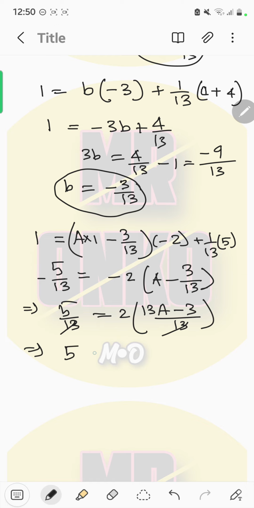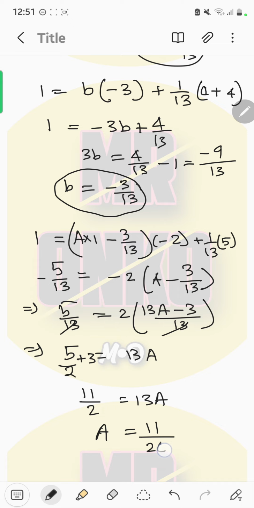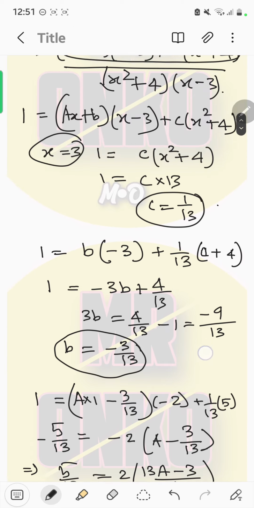So 5 by 2 is equal to 13a minus 3, and it will be plus 3 here. So 6 plus 5, 11 by 2 is equal to 13a. So a is equal to 11 by 26. So a, b and c are derived here.